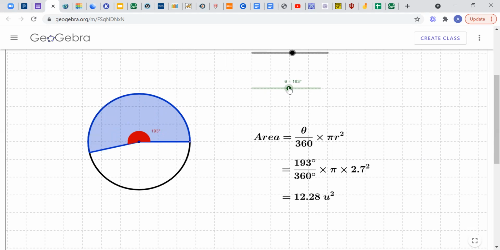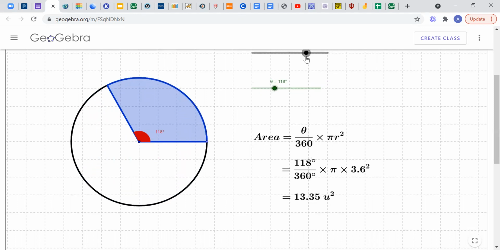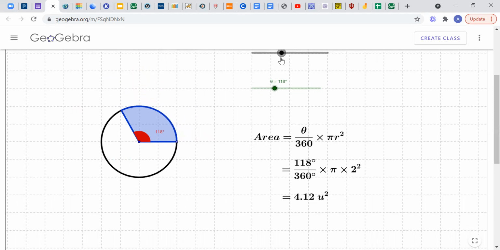As the angle increases, the area also increases. See, from 15, when the angle is 239, if I go to 300, you're gonna see the area becoming bigger. And as the radius changes, the area is also going to change. So everything depends on whatever you're given.